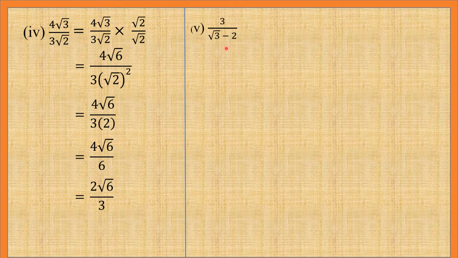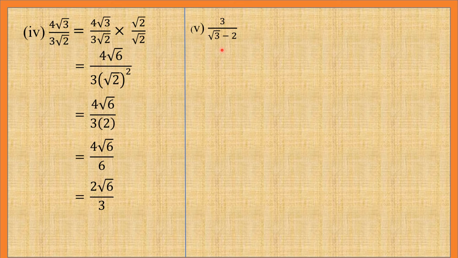Looking for the conjugate simply means if the sign is negative, change it to positive to get its conjugate. If it is positive, we change it to negative to get the conjugate. So when you look at this one, the conjugate of root of 3 minus 2 will be root of 3 plus 2.